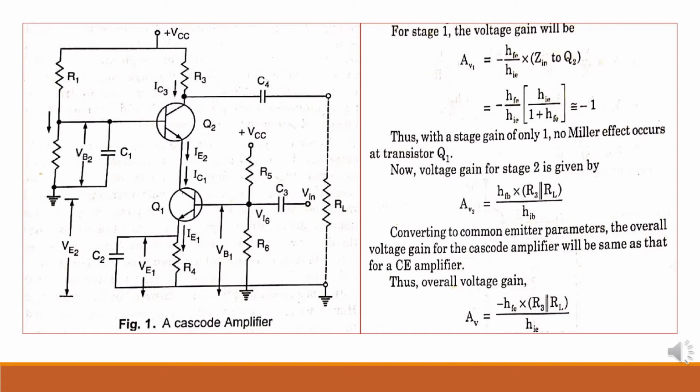Also, the collector current IC1 is approximately equal to IE1, the current which is coming out of the transistor Q1.